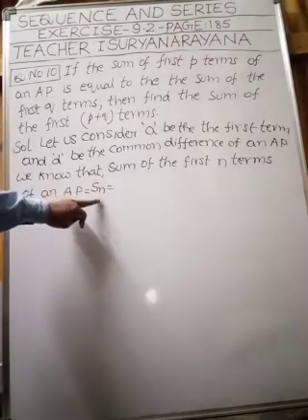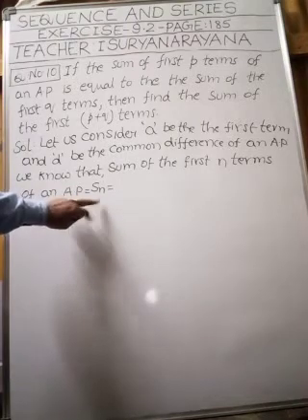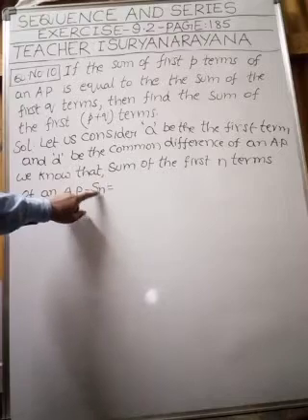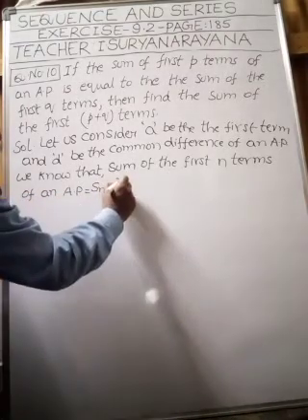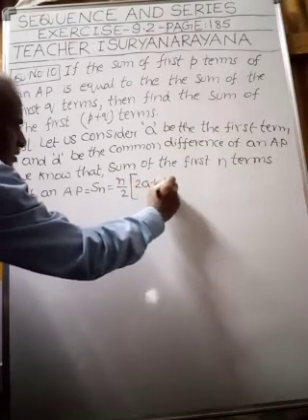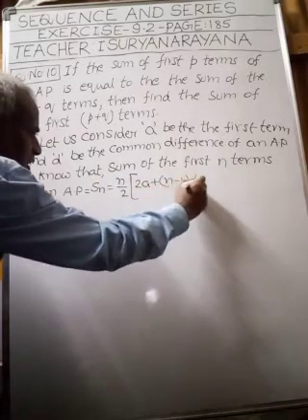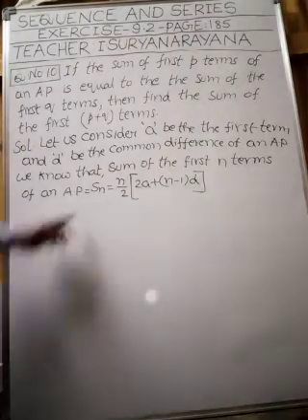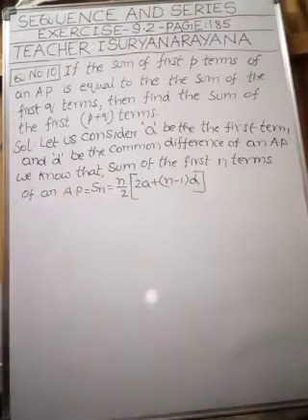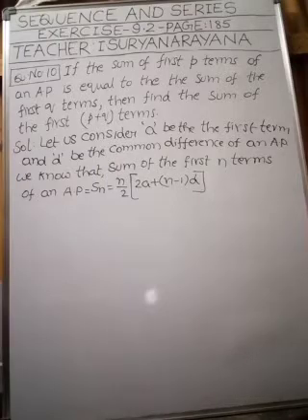Here n is a subscript. Okay, my dear children. Sn is equal to n by 2 into 2a plus n minus 1 into d. Do you remember this formula, my dear children? Sum of the first n terms of an arithmetic progression.